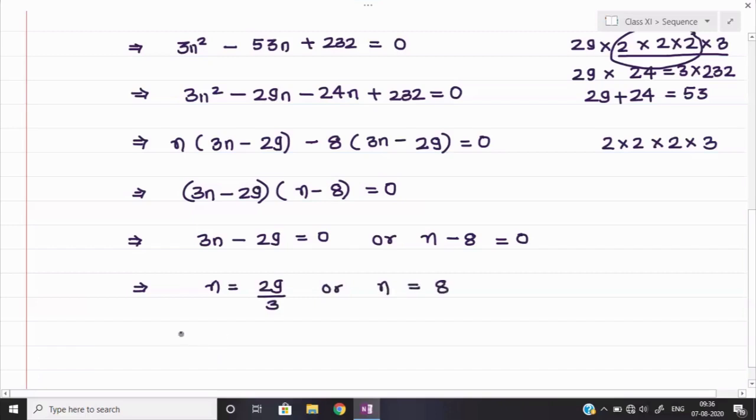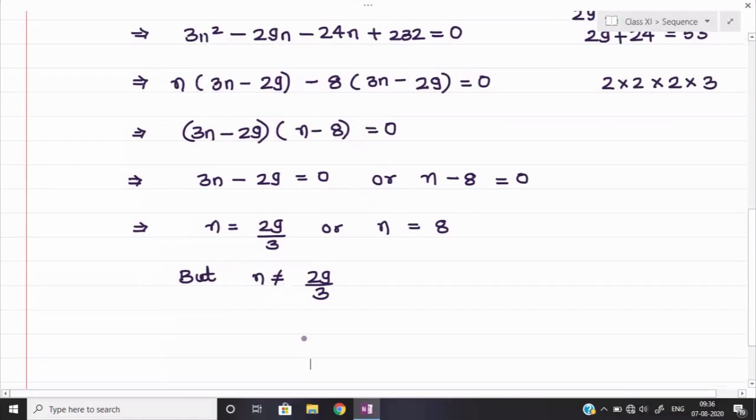But we will say that here the value of n cannot be equal to 29 upon 3 because it is not an integer. The number of terms should be an integer. We can't say that the number of terms will be a fraction or negative. So therefore, the value of n will be equal to 8.